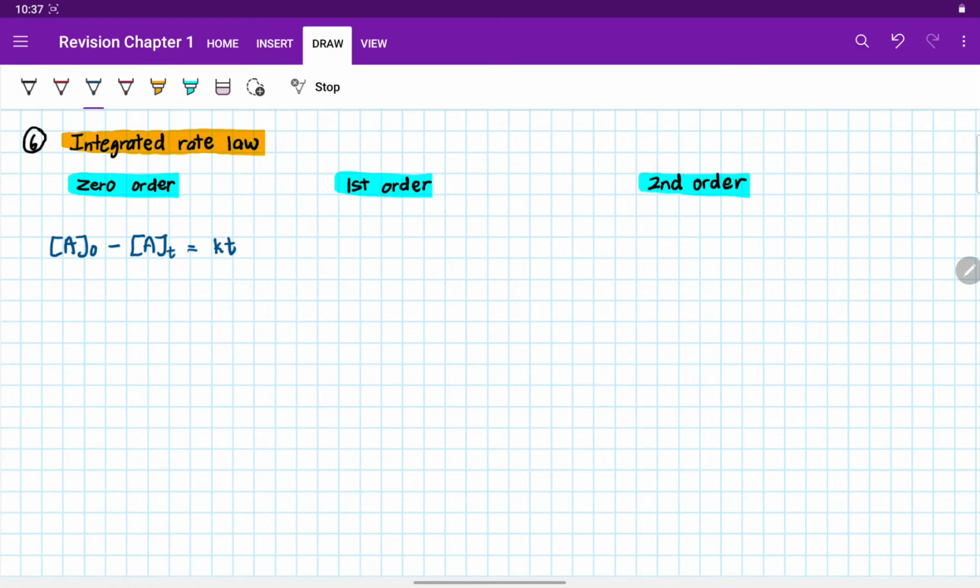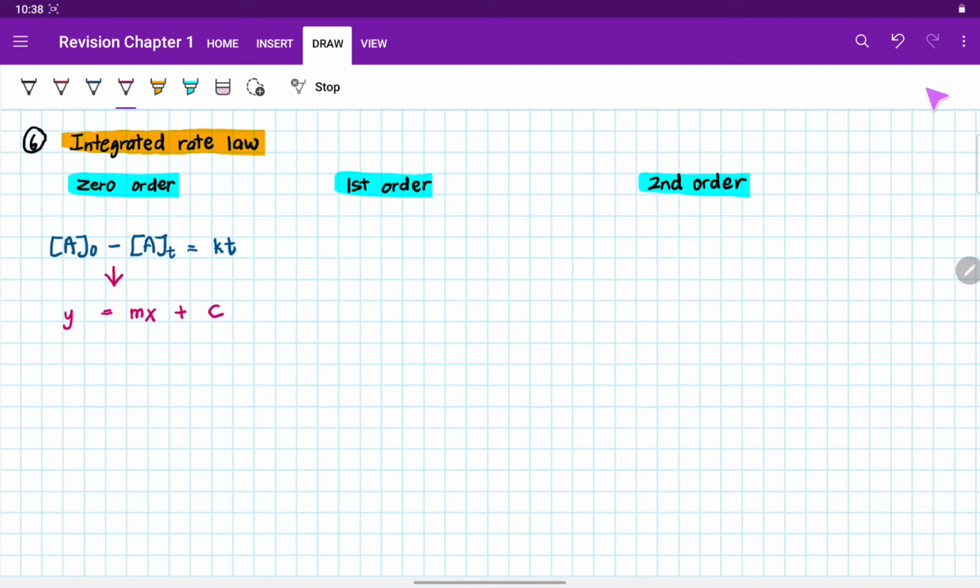Now, untuk integrated rate law, dia akan related kepada awak punya linear graph method. Okay, yang mana untuk linear graph method, apa yang kita nak buat adalah untuk lukis graph, kita akan susun y equals to mx plus c. So, we're going to rearrange this equation kepada y equals to mx plus c untuk kita tahu apa kita punya y axis, apa kita punya x axis.